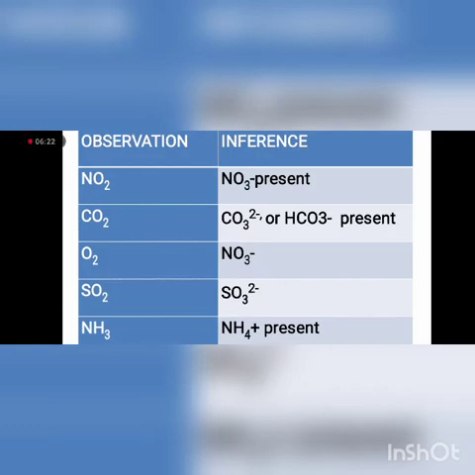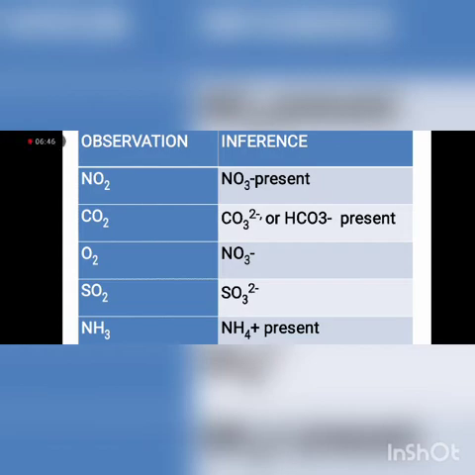Now if you heat a particular compound and you observe that carbon 4 oxide is evolved from the test, that shows that this carbon 4 oxide that was evolved is coming from trioxocarbonate 4 or hydrogen trioxocarbonate 4. And if oxygen is liberated after heating, that also shows that trioxonitrate 5 will be suspected.